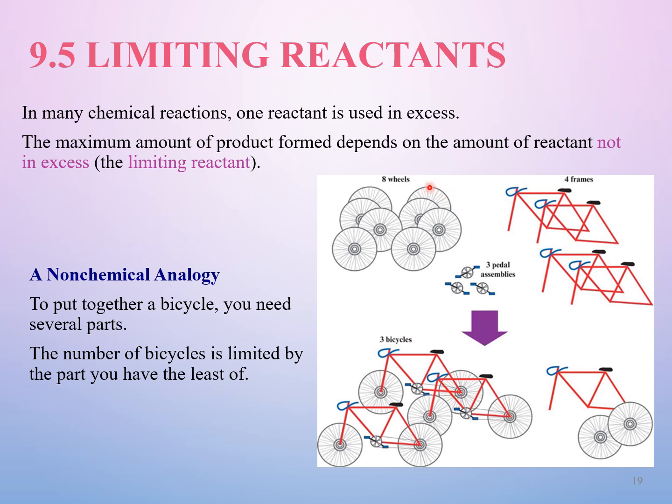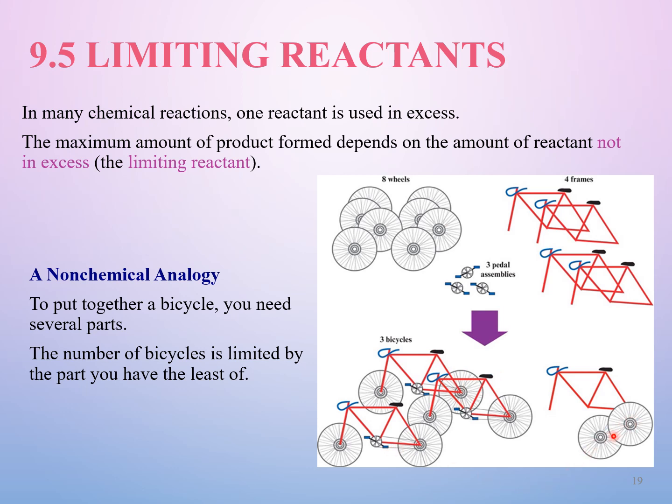So if I have 8 wheels and each bike needs 2 wheels, I could potentially make 4 bikes, correct? And I have 4 frames, so then I could potentially make 4 bikes if I have enough pedals. And each bike needs 1 pedal. I only have 3 pedals, so that means I can only make 3 bikes.